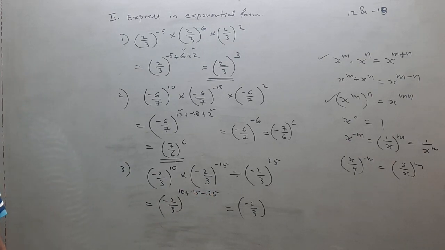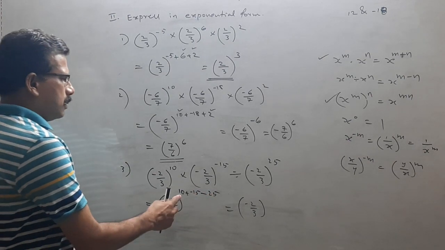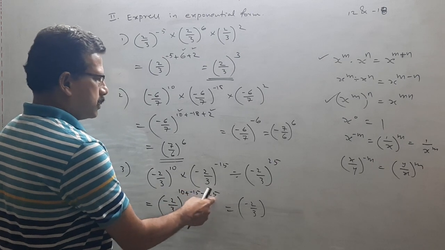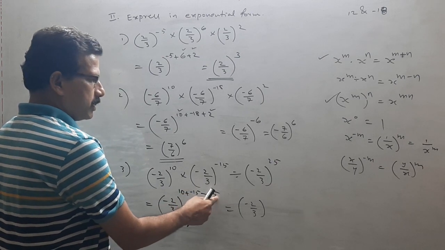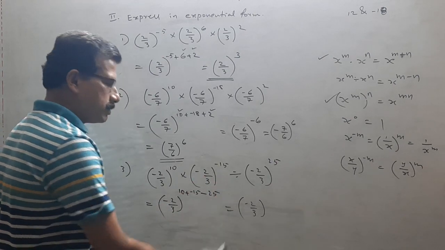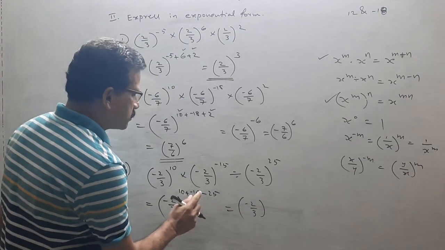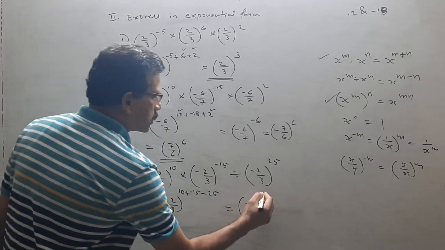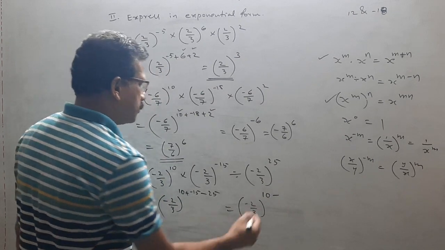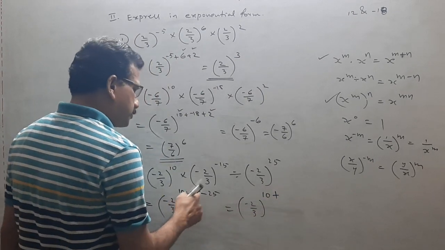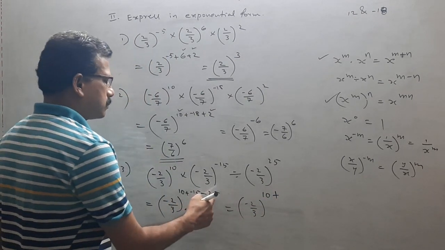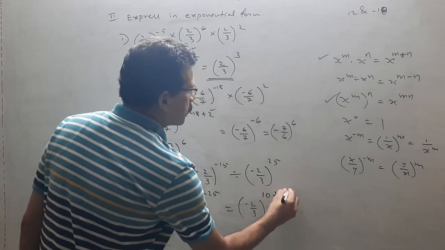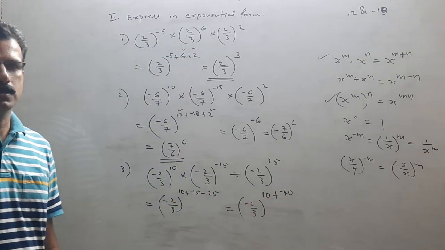Two negative numbers. 10 plus minus 15 plus minus 25, how much? Minus 40.